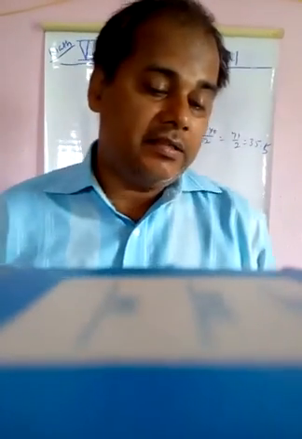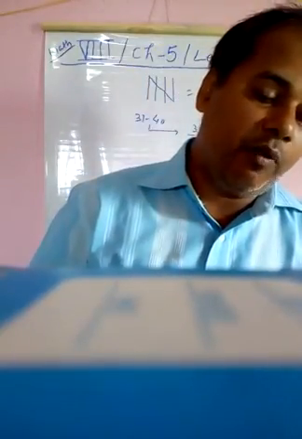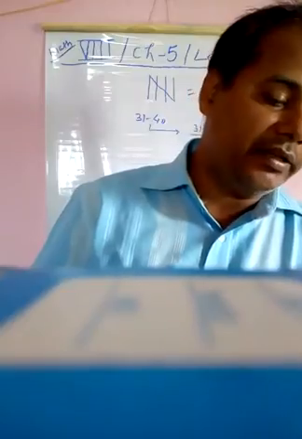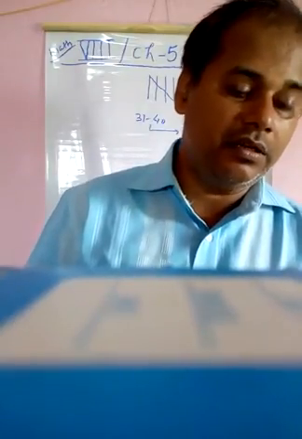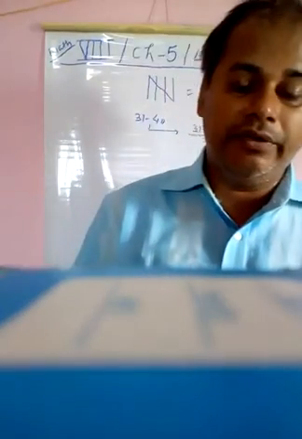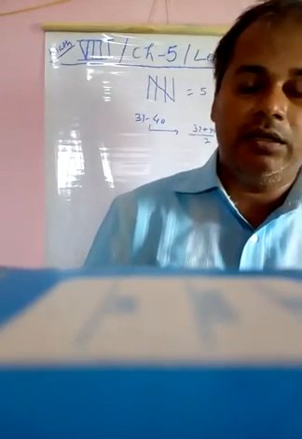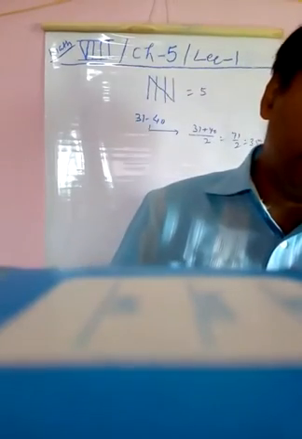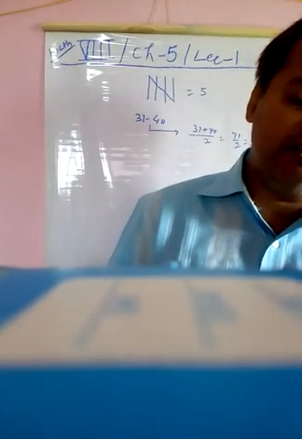Suppose a child has secured 30.5 or 60.5 marks, then in which class interval would the marks lie? In such a situation, we take the class intervals as 0 to 10, 10 to 20, 20 to 30, 30 to 40, etc., lower limit included and the upper limit excluded.